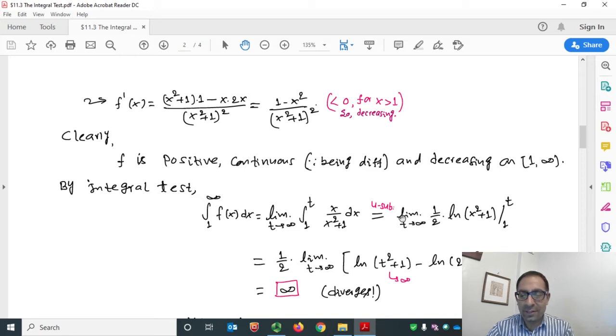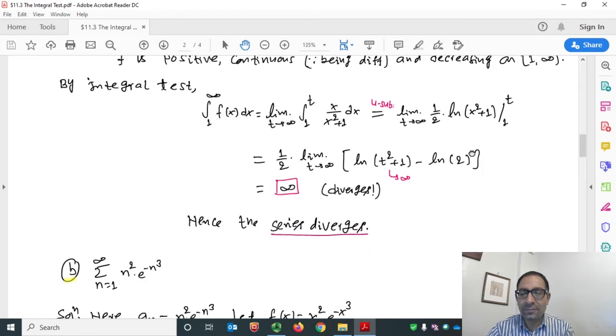Great. So the limit stays as it is. We divide by 2, multiply by 2, so the 1/2 goes outside, the 2 from the denominator outside. And then the integral of 2x over 1 plus x squared becomes the natural log of x squared plus 1, evaluated from x equals 1 to t.